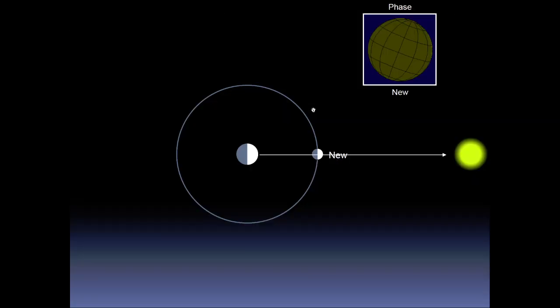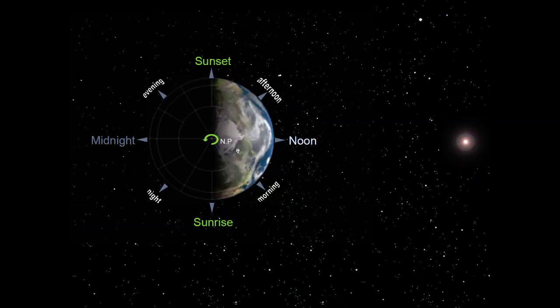We can go back to that first slide over here. So the waxing crescent transits in the afternoon and it rises in the morning and sets later in the evening.